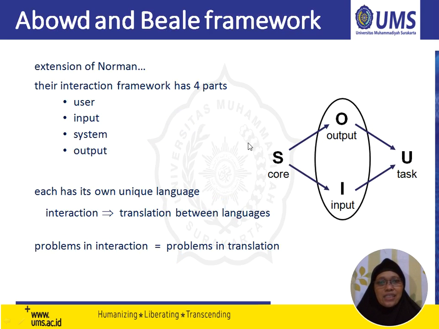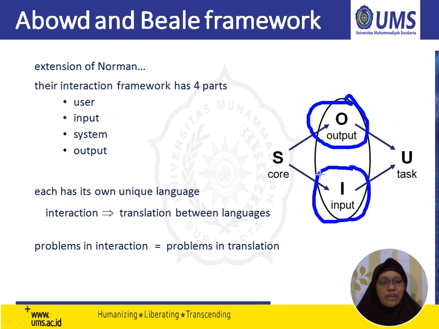Okay. And the second framework, the second model that we have, is the Abowd and Beale framework. This is the interaction framework that we have. We need input and output here, and also the core and task. So we have four parts in the Abowd and Beale framework: user, input, system, and output.